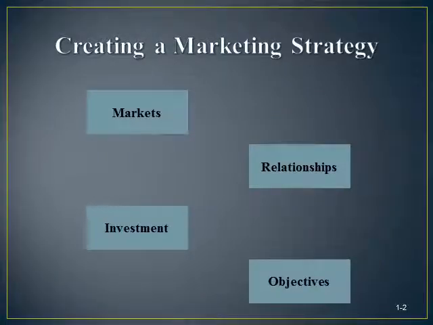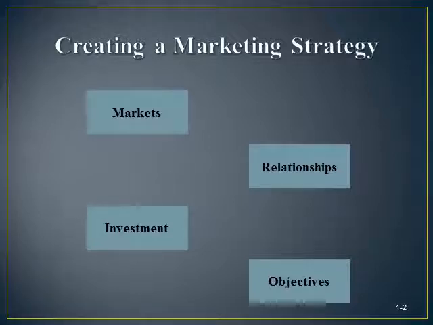Creating a marketing strategy. Here we have several elements which are very important. We can take into consideration, for example, the markets, like thinking about what markets we serve with what products.